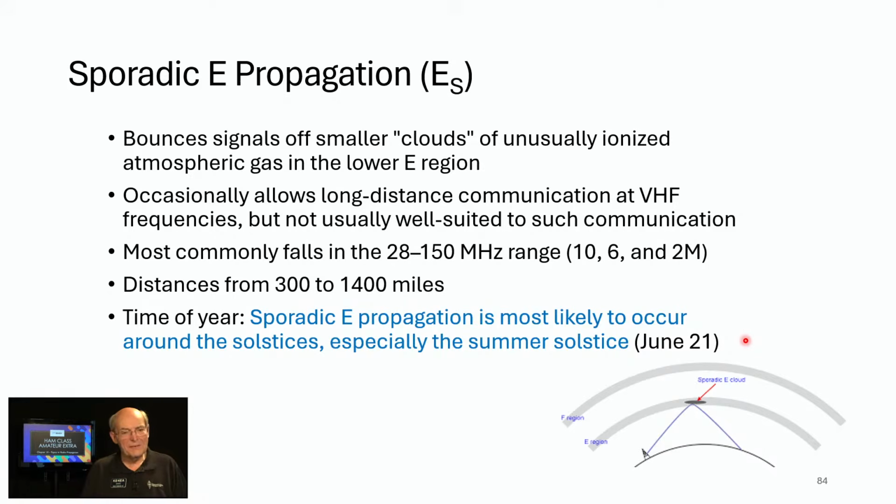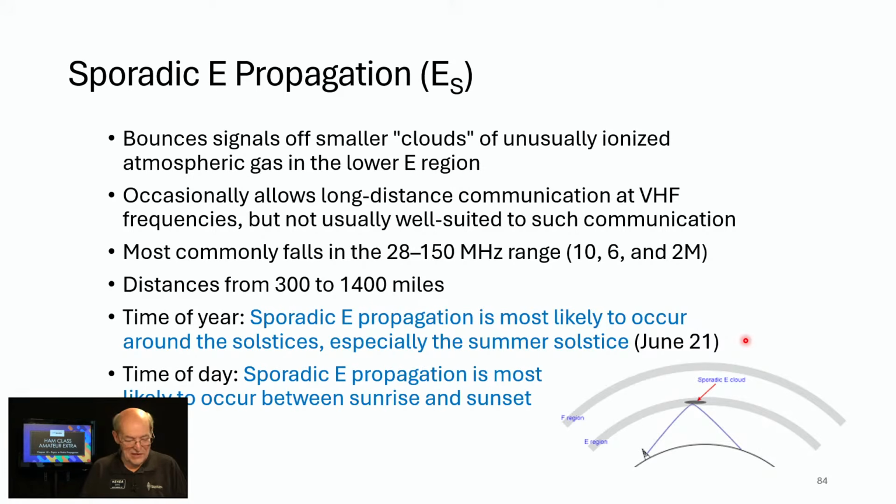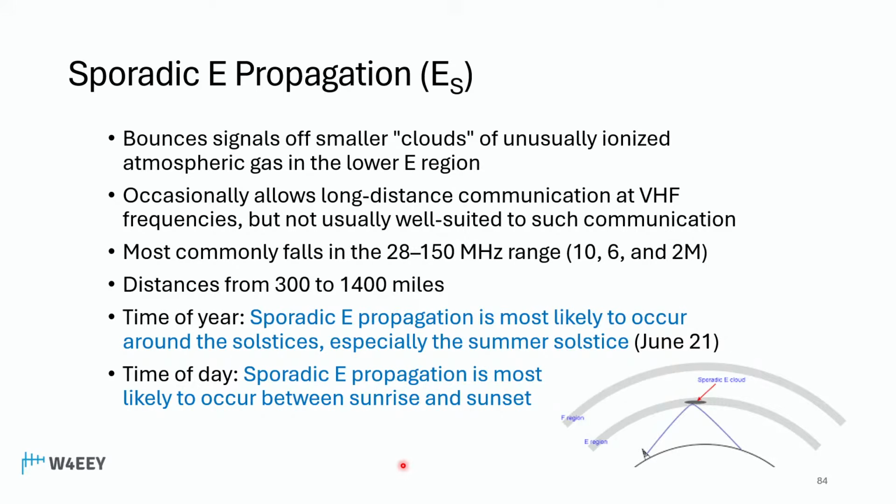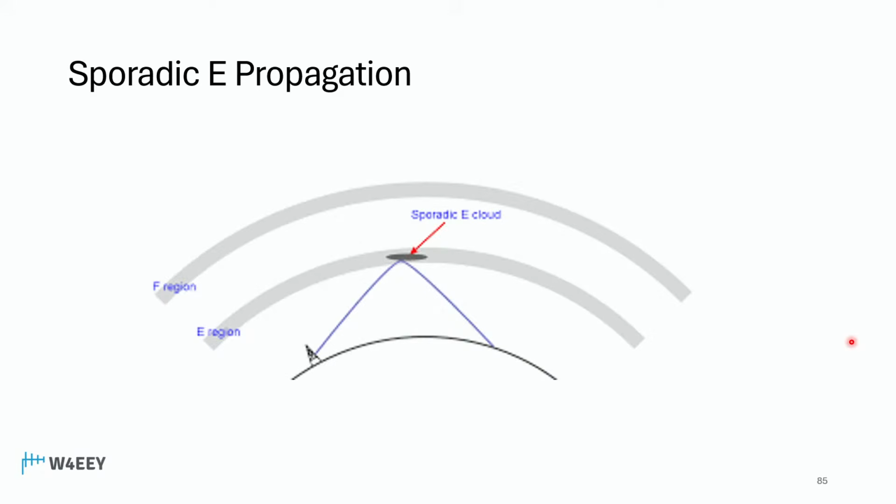Now, something kind of magic happens in June. Like we've got Field Day and we've got VHF contests in that part of the calendar. It's most likely to occur between sunrise and sunset. Just a couple of points on sporadic E here. Just an expanded version of what we saw here.